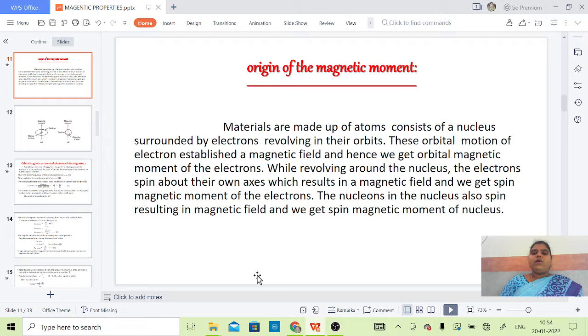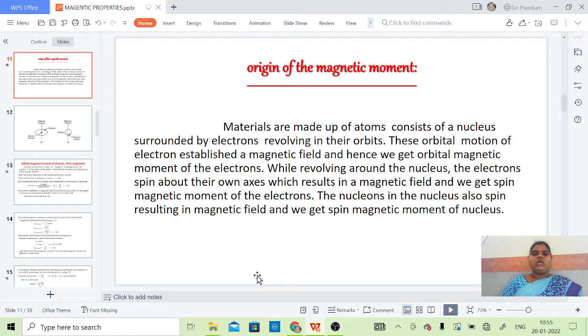While revolving around the nucleus, the electrons also spin about their own axis, which results in a magnetic field, and we get a spin magnetic moment of electrons. And the nucleons in the nucleus also spin, resulting in a magnetic field, and we get the spin magnetic moment of the nucleus.